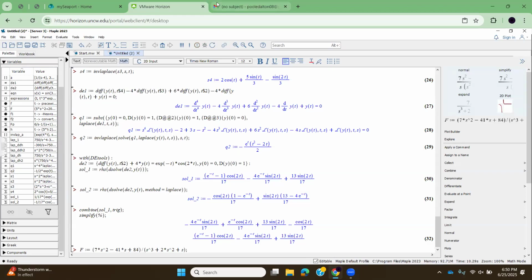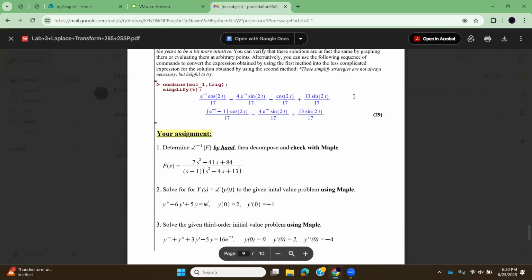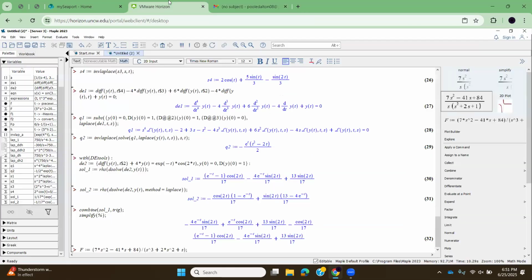Boom. There's the numerator. I want to get this out of the way. Okay, cool. Great. S minus one on the bottom.